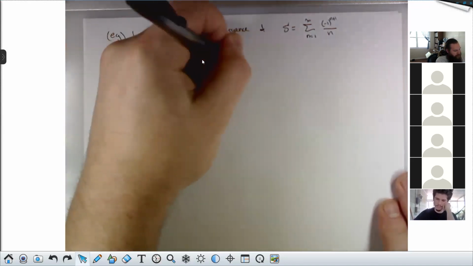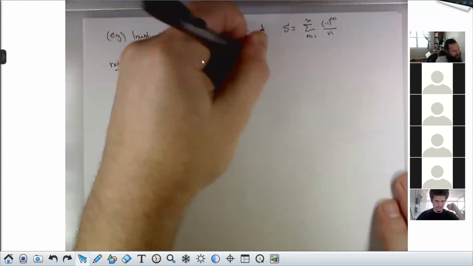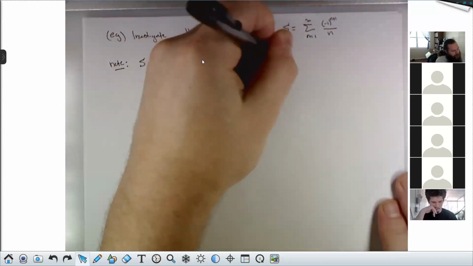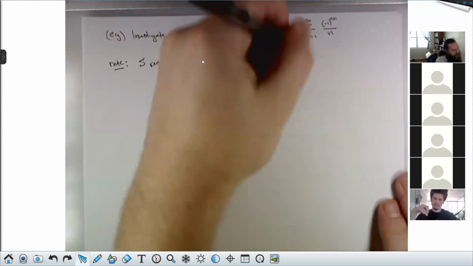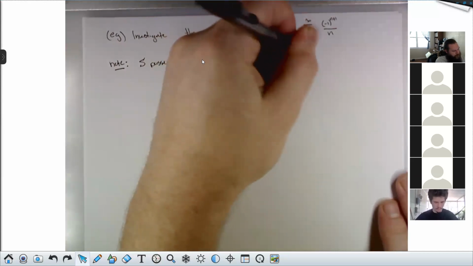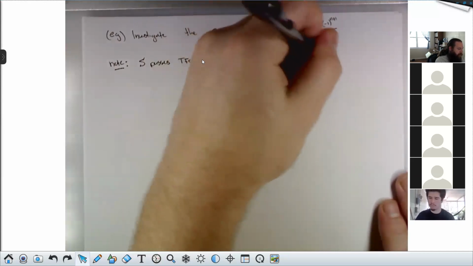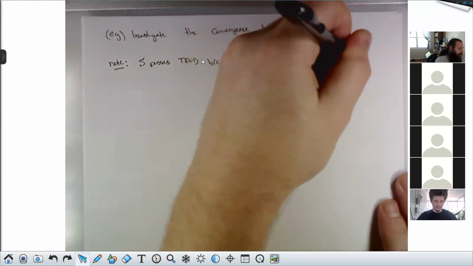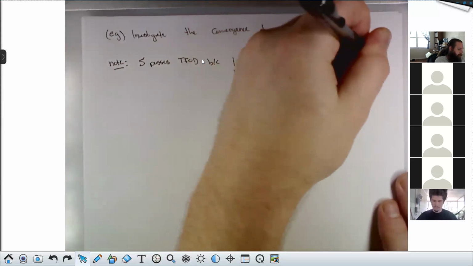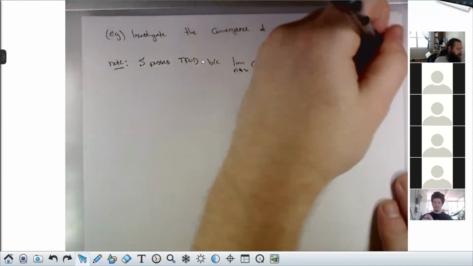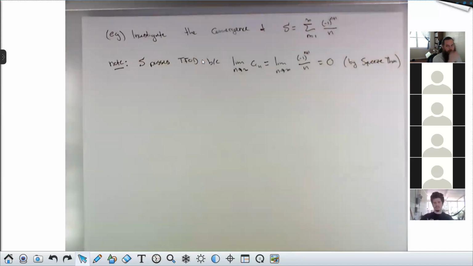Because the limit as n goes to infinity of the an's is the limit as n goes to infinity of -1 to the n plus 1 over n. This is 0. It requires the squeeze theorem. But it does pass. The top is bounded, the bottom goes to infinity. So TFOD doesn't teach us anything.